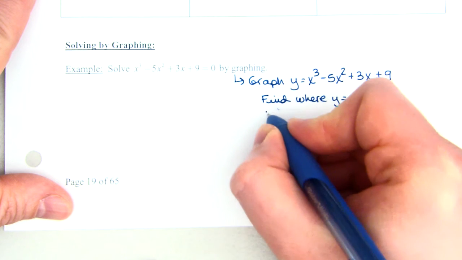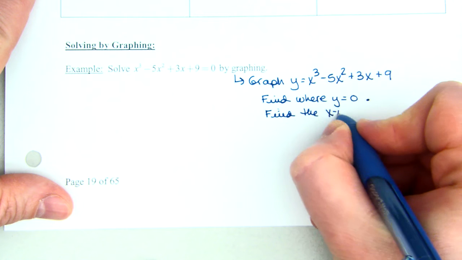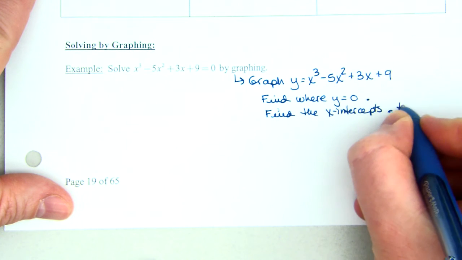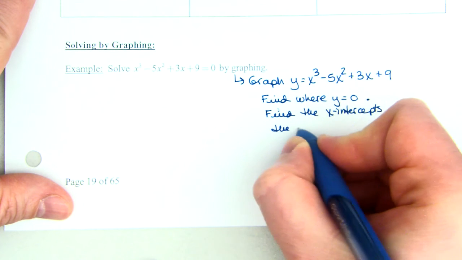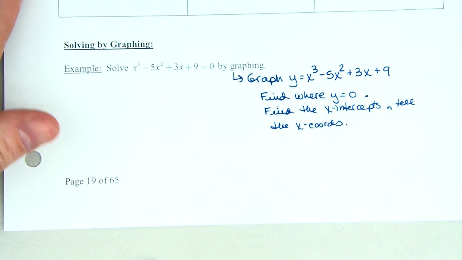Find where y equals 0, which means find the x-intercepts, and then tell the x-coordinates. And that's it. Can you please take a moment and graph this on your calculator?